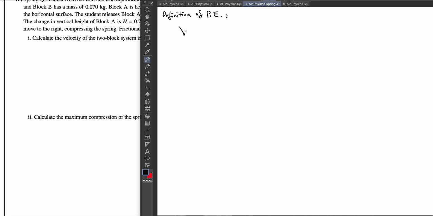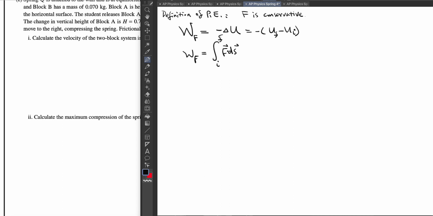First, you want to calculate the work done by a force F. F should be a conservative force. That work equals negative delta U, and delta U is defined as U final minus U initial. So you want to calculate the work done by a conservative force using the definition F dot ds, going from the initial to a final position.